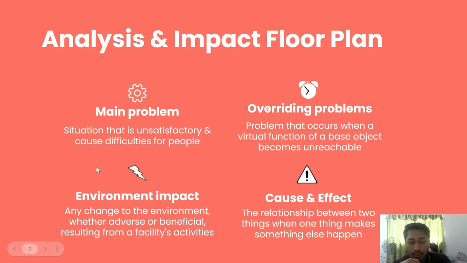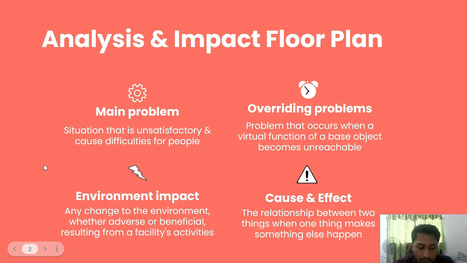So there are about 4 points in our analysis and impact flow plan that we need to take care of, which is main problems, overriding problems, environment impact, and also the cause and effect. For the main problem, we need to find the situation that is unsatisfactory and causes difficulties for people. Other than that, overriding problems is the problem that occurs when a vital function of a base object becomes unreachable.